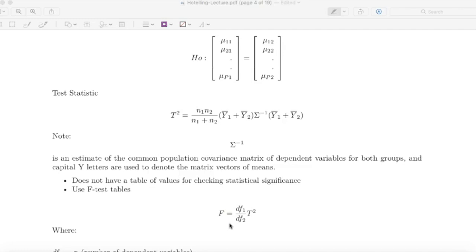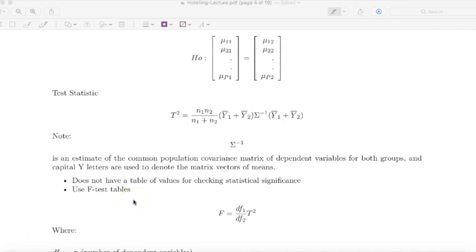When I was preparing the material for this lecture, I was using an example from SAS, and it gave me the output as an F, and R gives me the T. So that's always something that you have to check. Are you being given the F, the T squared, or are you being given T that you have to square to get the F?